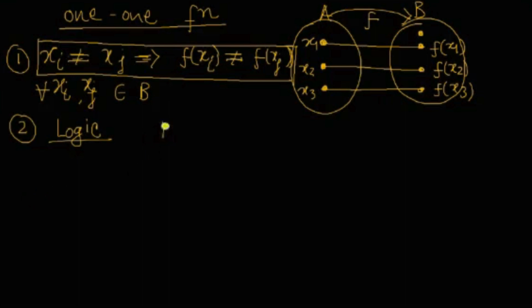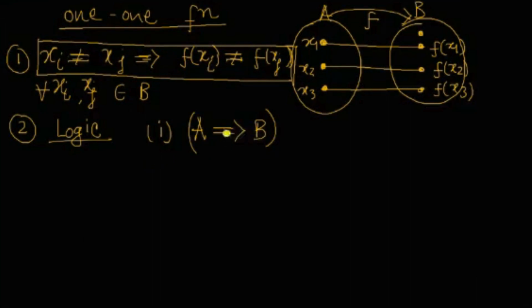I'll just stick to this one. The statement is something like: you have a statement A, and that particular statement infers, or we say it implies, another statement B. So this is a logical statement as a whole.